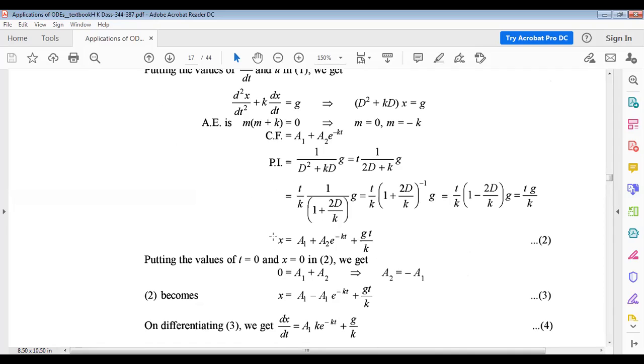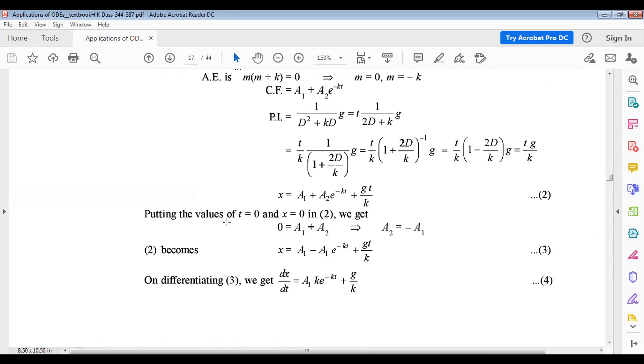So complete solution, complementary function plus particular integral. This is the particular integral. Okay. Now this is the complete solution. Now putting the values of t equals to 0 and x equals to 0 in equation 2, we get a1 plus a2 equals to 0. That means a2 can be taken as minus a1. Then equation 2 becomes x equals to a1 minus a1, putting a2 equals to minus a1.